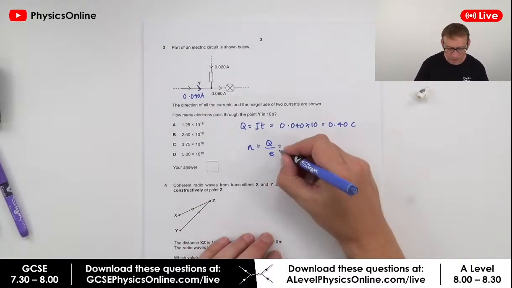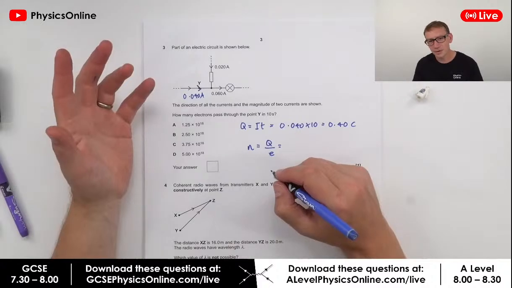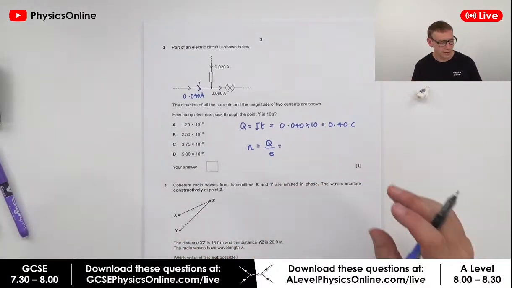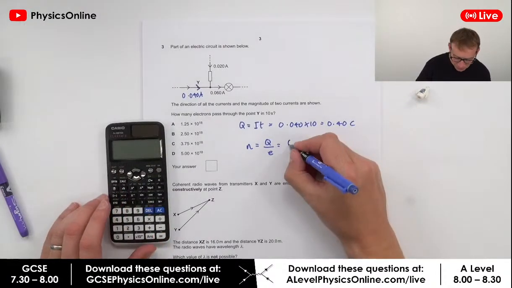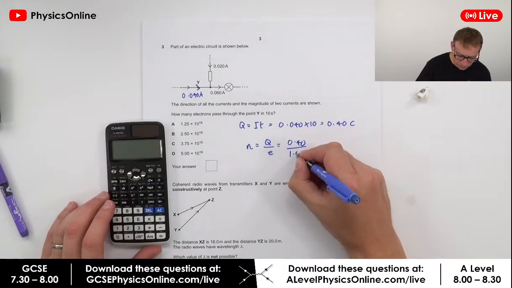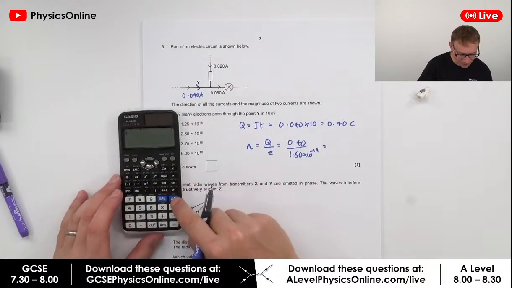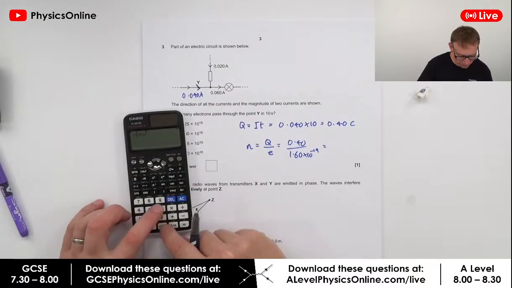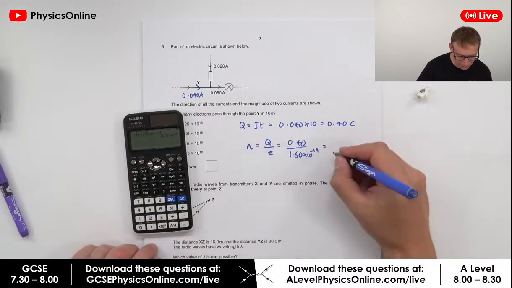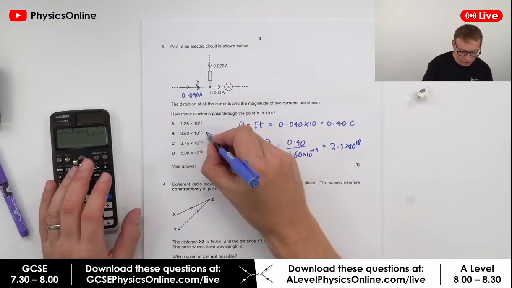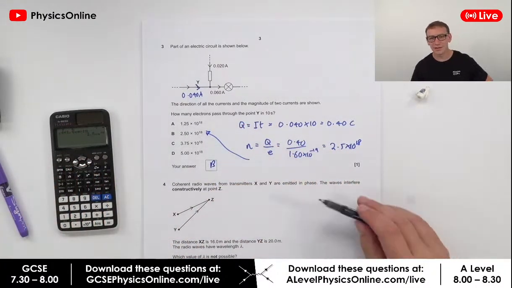So, and for OCR, this is paper 2. For AQA, this is paper 1 stuff. But of course, all of you know this. Right, so this is equal to 0.40 divided by 1.60 times 10 to the minus 19. Let me just check that on the calculator. So 0.4 divided by 1.6 times 10 to the minus 19 is equal to 2.5 times 10 to the 18, which is answer B, which everybody has said so far.